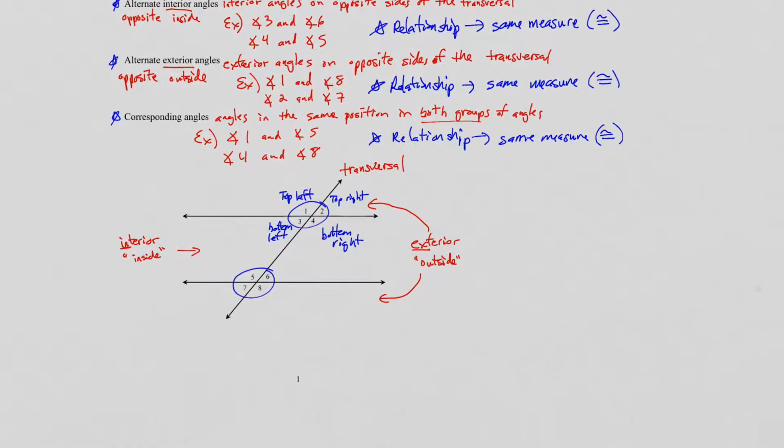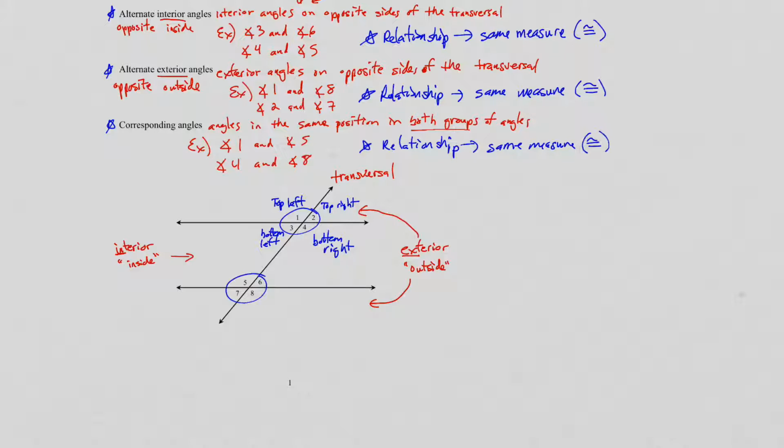I just wanted to provide one extra relationship, and that title is called same side interior angles. So this is an extra. Same side interior angles would be like 4, this is interior, and then the other angle on the same side would be 6.